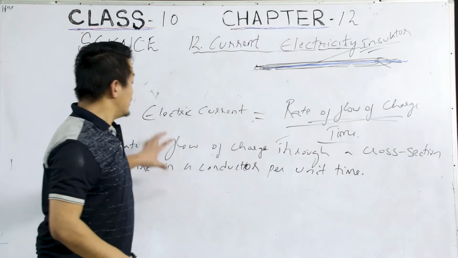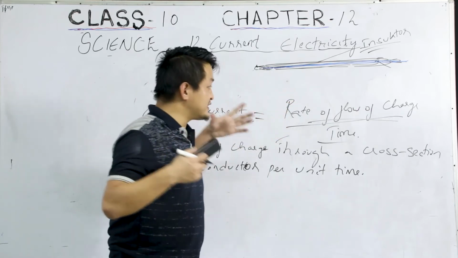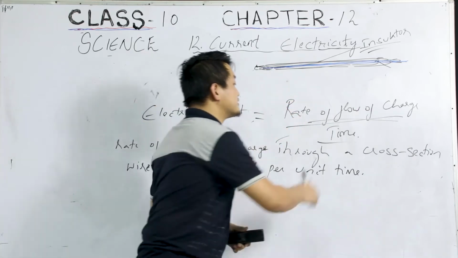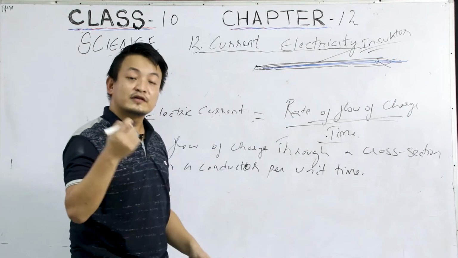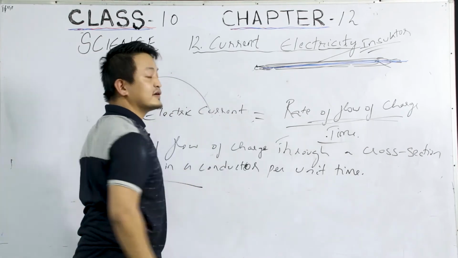So whatever amount of charge is flowing with respect to time in a conductor is known as electric current.